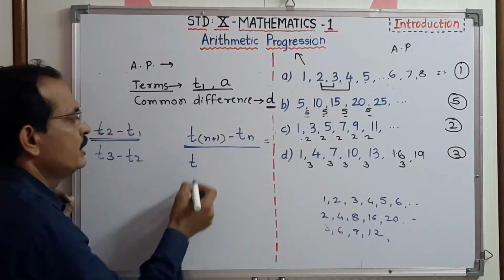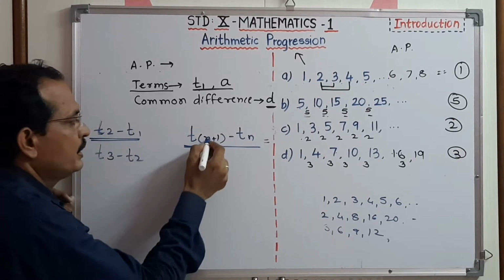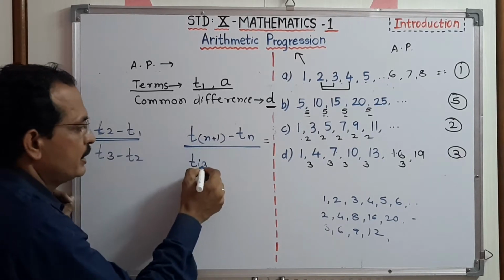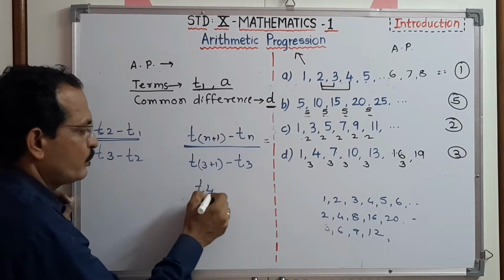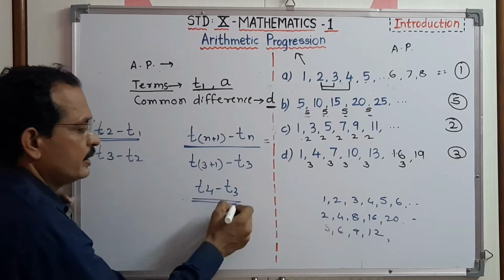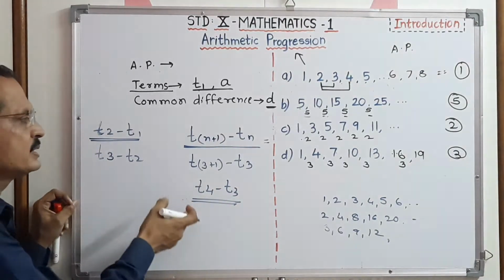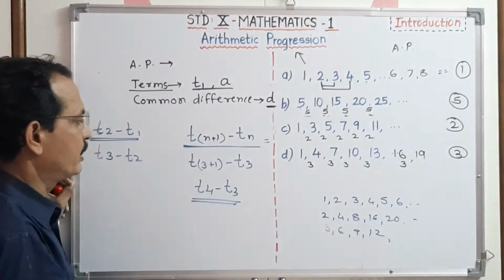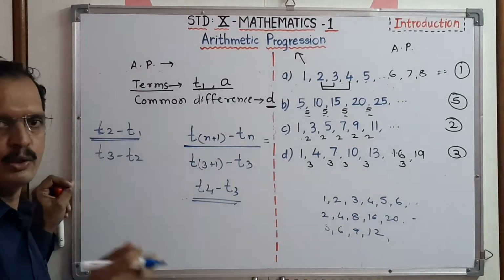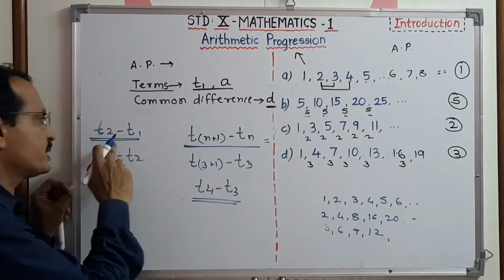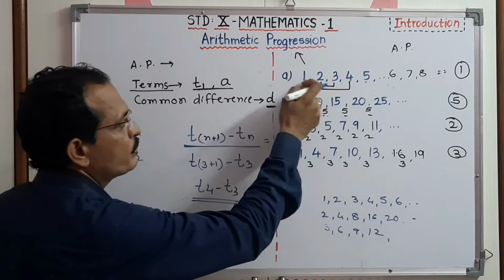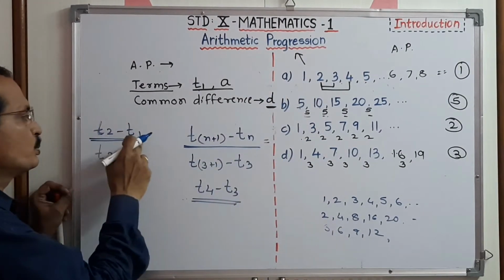Suppose n is 3, then 3 plus 1 minus T3, therefore T4 minus T3. It is not a different thing, it is the same, given in a different manner. Therefore remember, when we have to find the difference between two terms, we subtract the previous term from the next term, that is T2 minus T1.